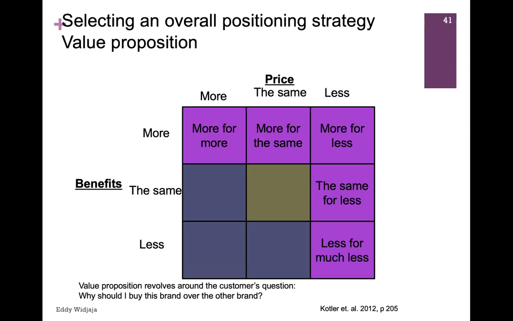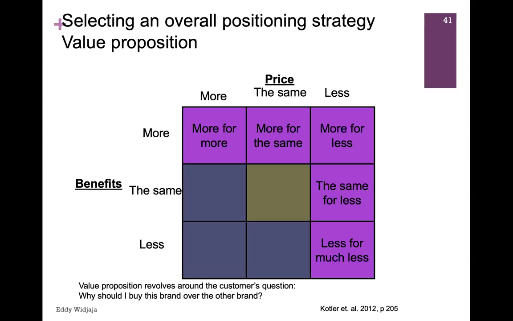Think about yourself. You are a customer of products or services. When you purchase something, you judge the benefit of the product or service against the price that you are going to pay. Therefore, if you look at these two variables, price and benefits, we say value proposition is the ratio between benefit and price, or price by benefits.